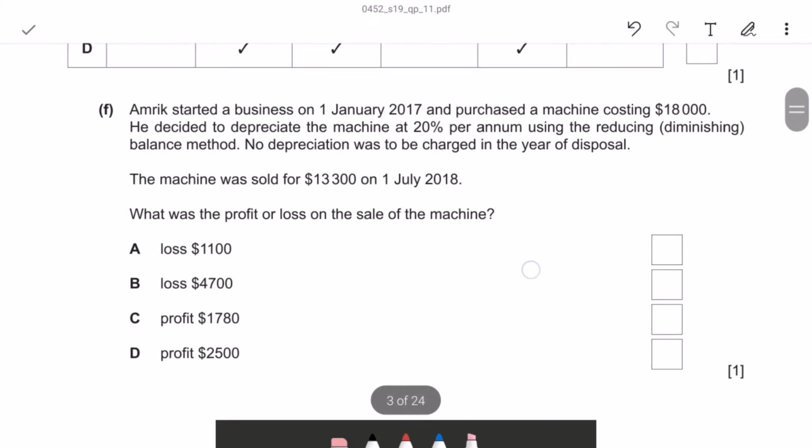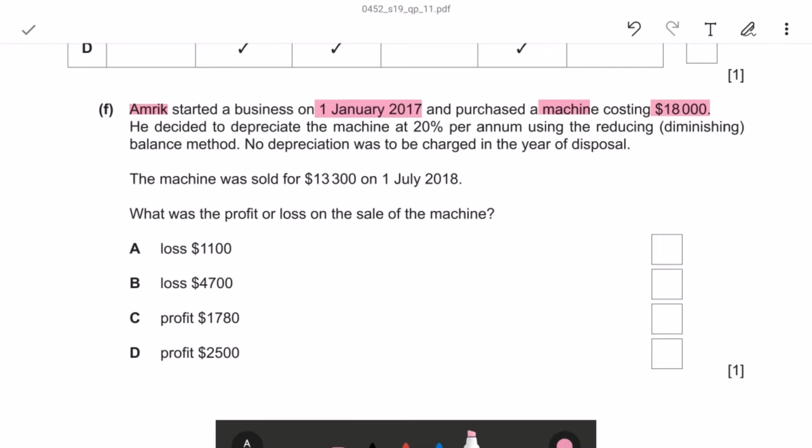Amrik started a business on 1st January 2017 and purchased a machine costing $18,000. The accounting year starts on 1st January 2017.